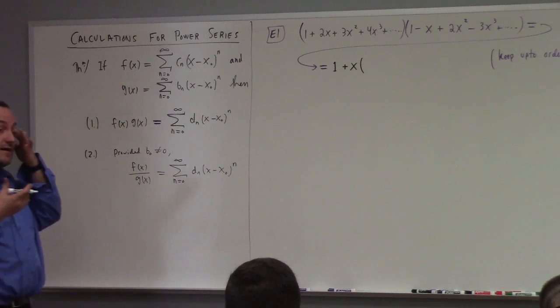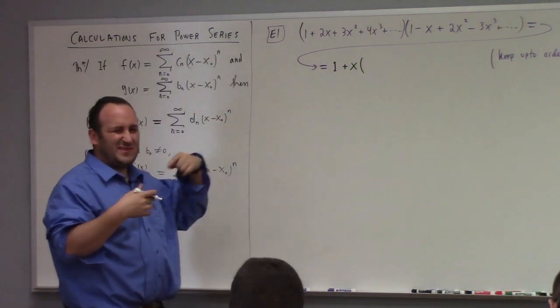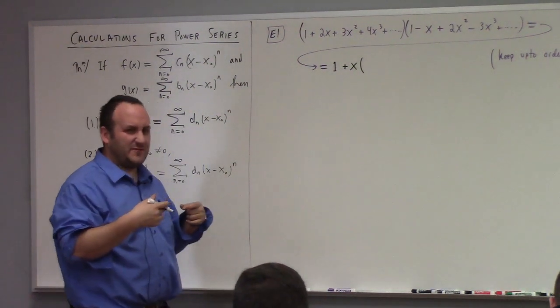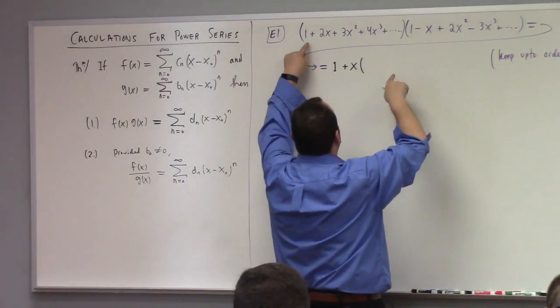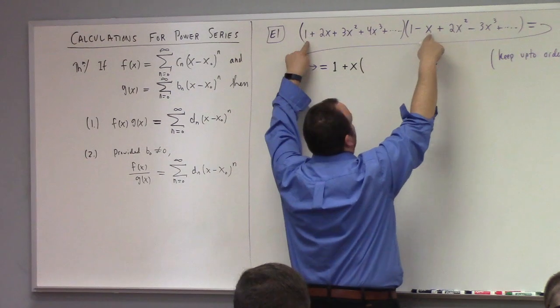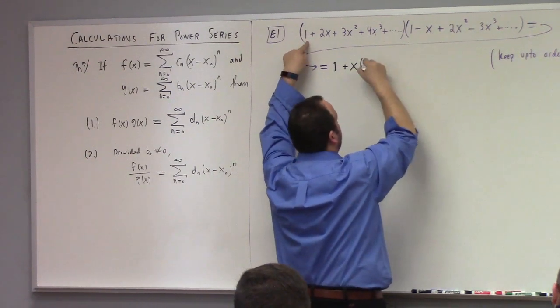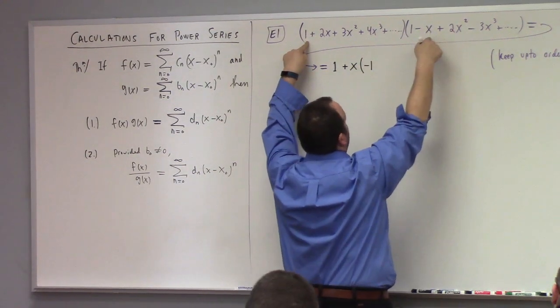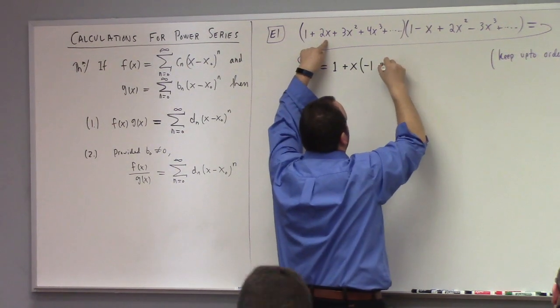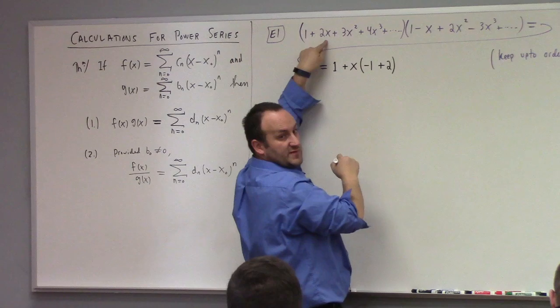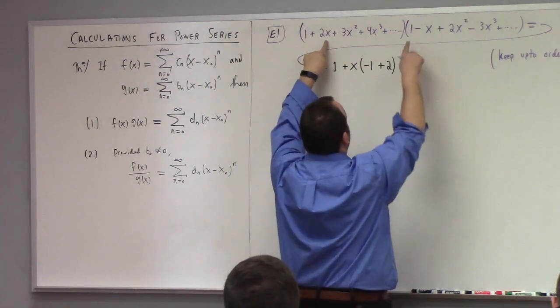But I don't usually leave it like this, because it's kind of tacky to put the number after the x. It's just bad form. So how do I get x's? 1 times minus x gives me a minus 1. But also 2x times 1, so I get minus 1 plus 2. See that? Are there any other ways to get x?